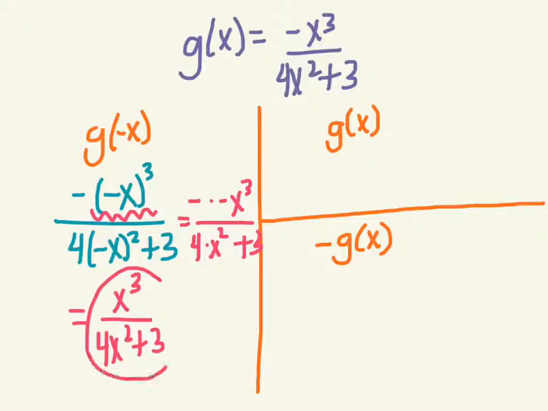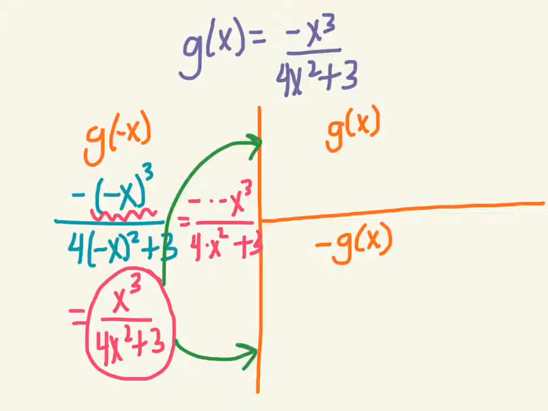So this is going to be the form that we're going to compare to this first box, and we're going to compare it to the second one. And we're looking to see where it matches, if it does. If it doesn't match either of those two parts, then it's going to be neither even nor odd.